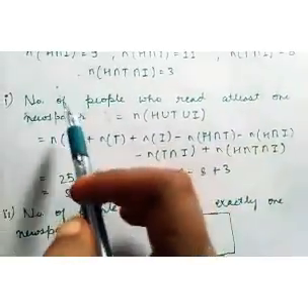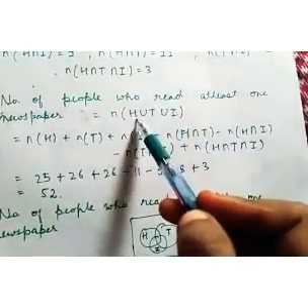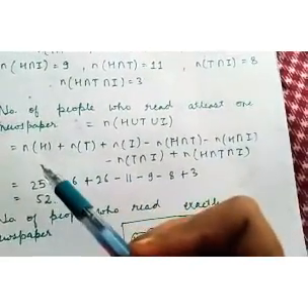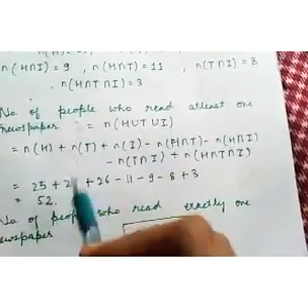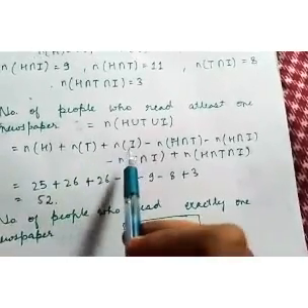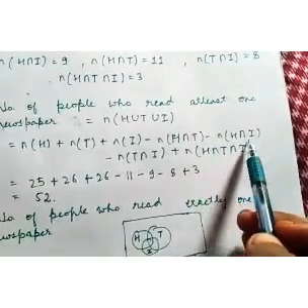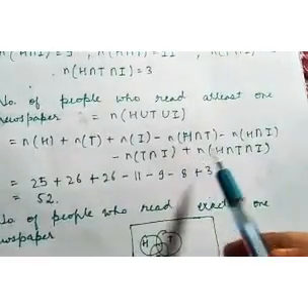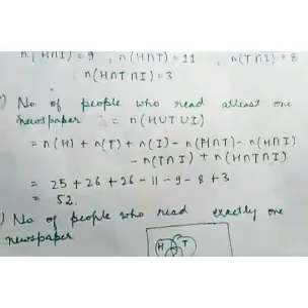Now the first part is the number of people who read at least one newspaper. That is, we have to find N of H union T union I. We have studied the formula for the union of 3 finite sets, so we'll use the same formula: N of H plus N of T plus N of I minus N of H intersection T minus N of H intersection I minus N of T intersection I plus N of H intersection T intersection I. This is the formula that we have studied.